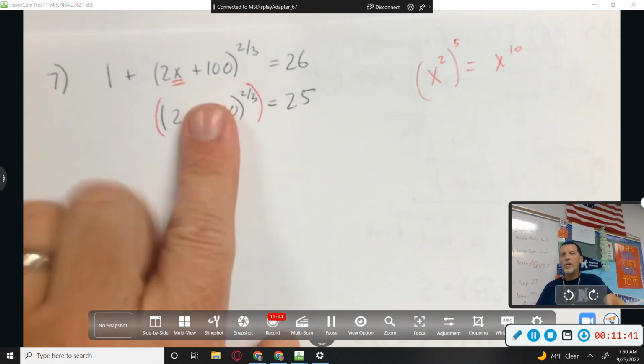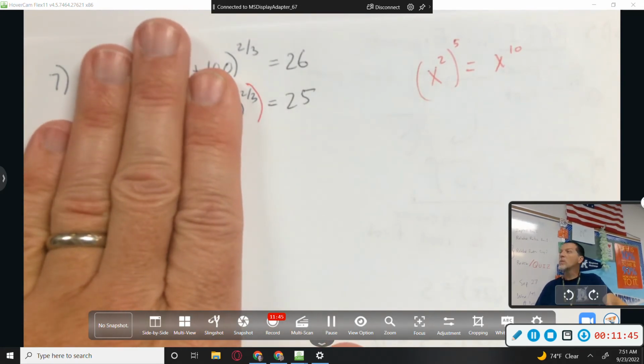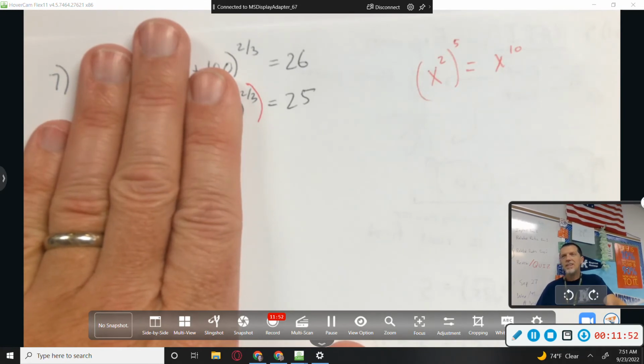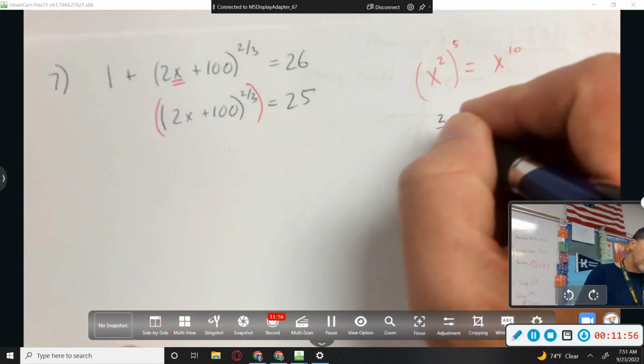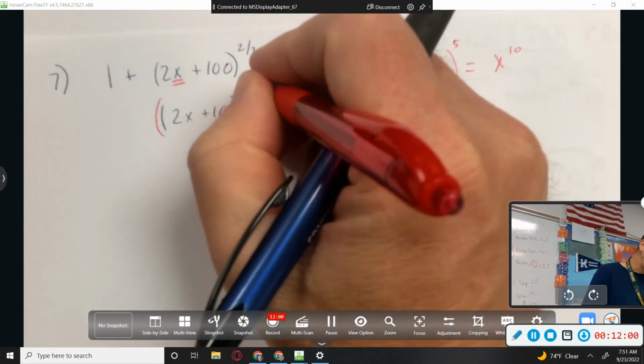So what power, just looking at the power now, what number times 2/3 would get me to 1? 3/2. So let's raise each side to the 3/2.